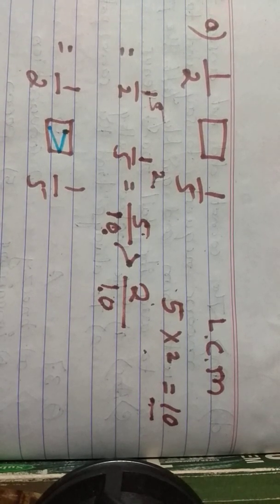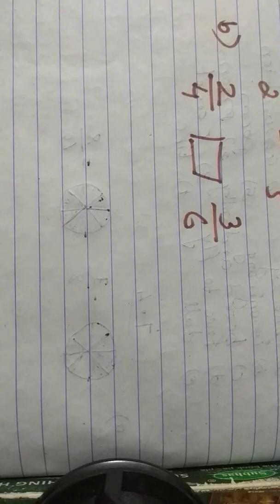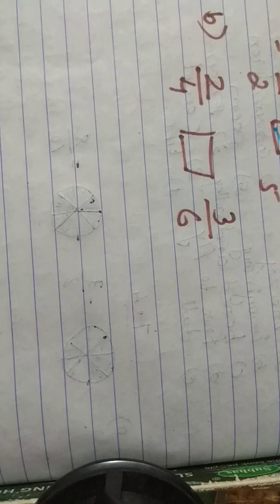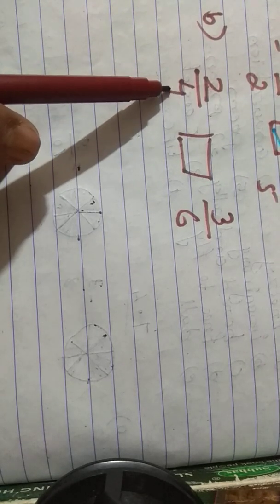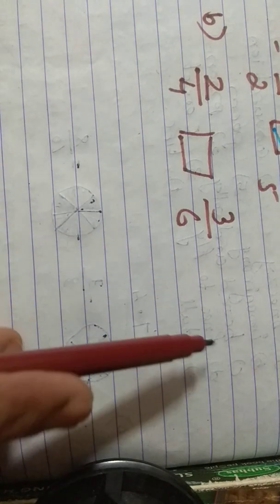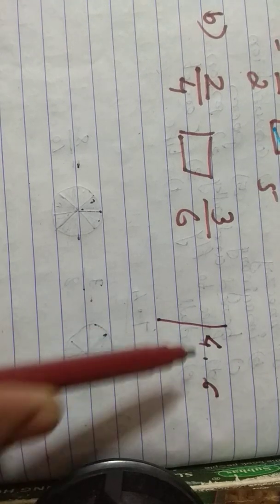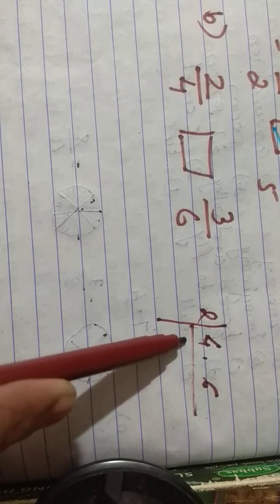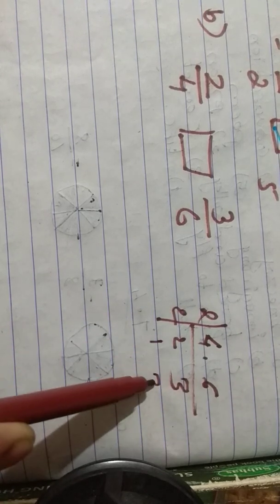Let us take one more example. We have 2 upon 4 and 3 by 6. In these two, the denominators 4 and 6, we have to make the same denominator. First we have to find the LCM of both. Now 2 2s are 4, 2 3s are 6, and 2 1s are 2 and 3.